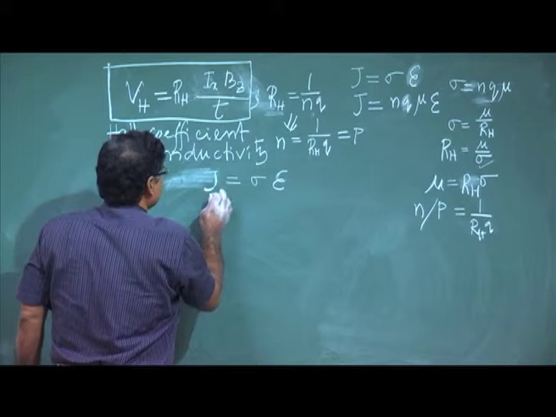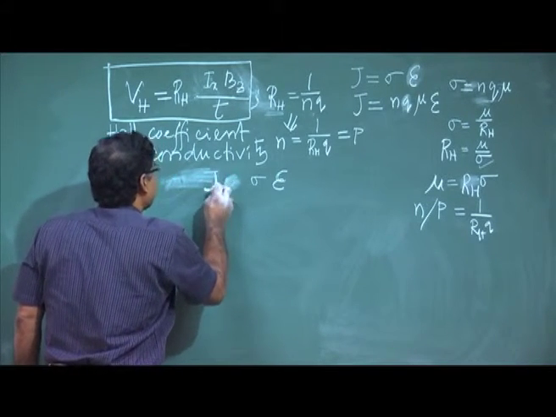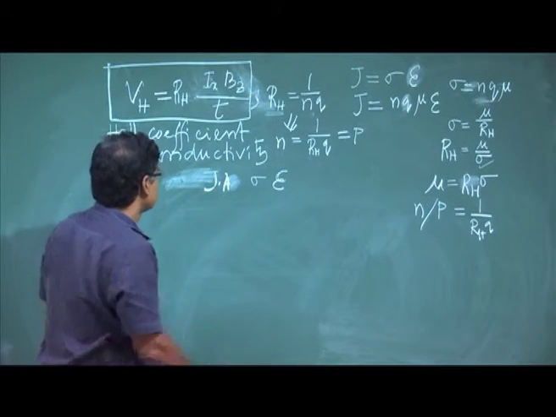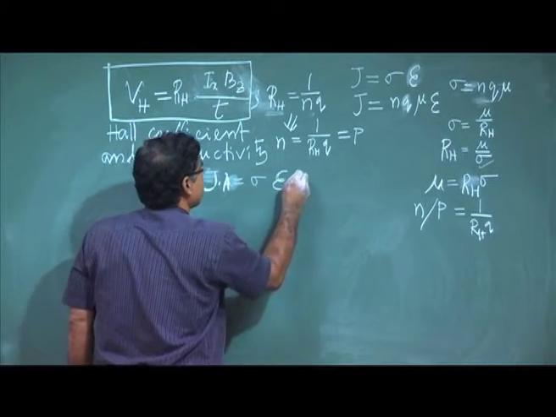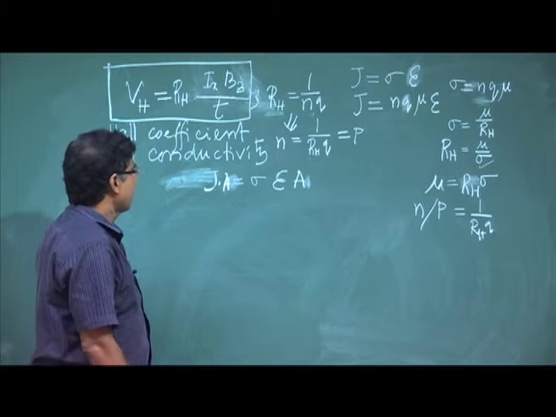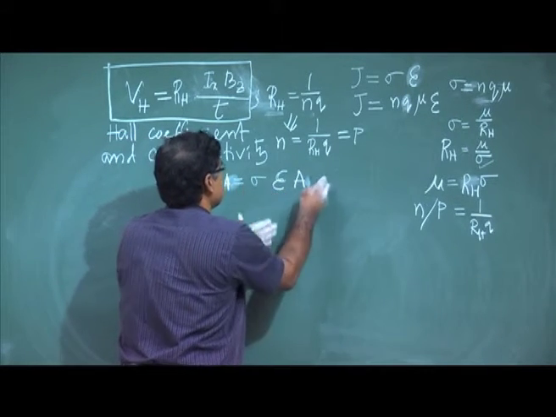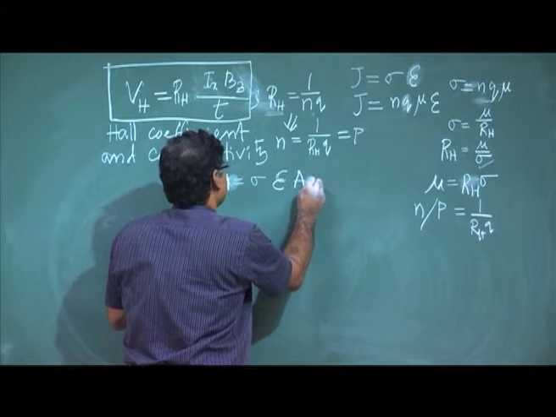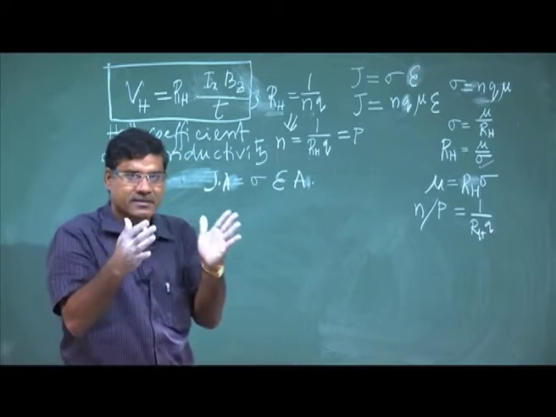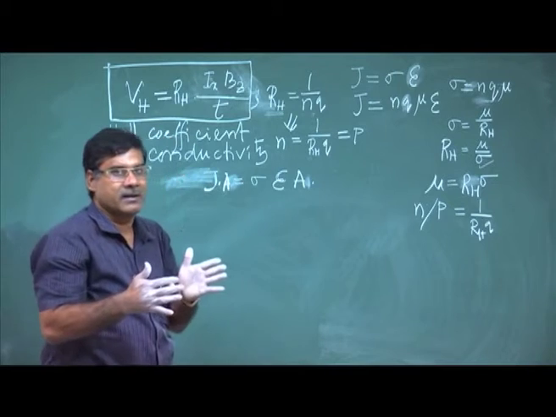So, now if I multiply with some area A on both sides, and if we multiply on both sides with this length of your sample along which you have applied the electric field.